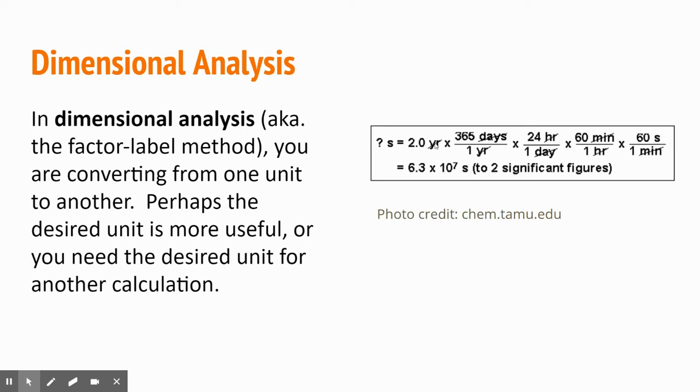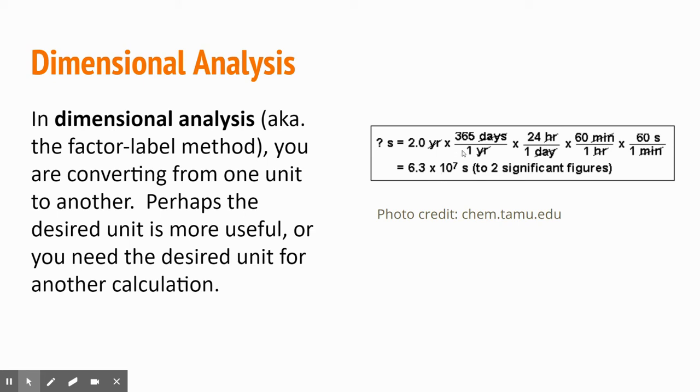Then I would multiply all values on the top to each other and divide them by all values multiplied on the bottom, or in the denominator, to give me 6.3 times 10 to the 7 seconds.